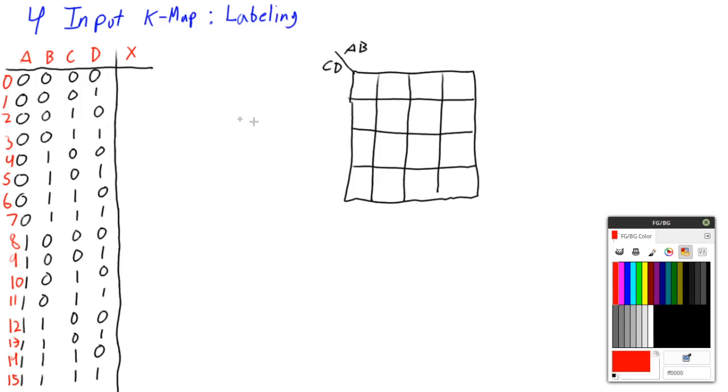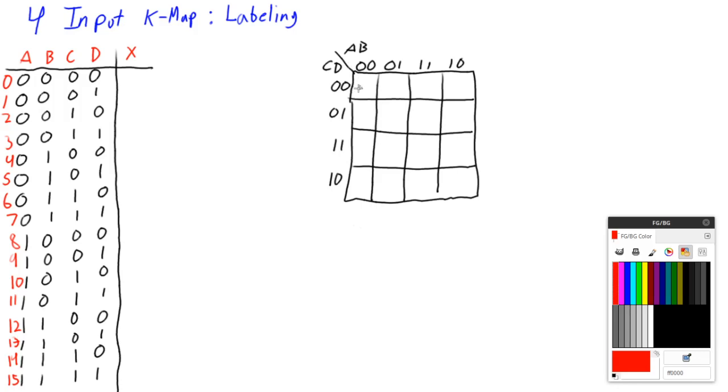We can actually memorize this order or know how to find it if we look at our binary numbers here. So remember, we're counting in Gray code: 00, 01, 11, 10. And it goes the same way down this axis as well. So we know that we can play this game where we find the cell where A, B, C, and D are all zeros, which happens to be right here.